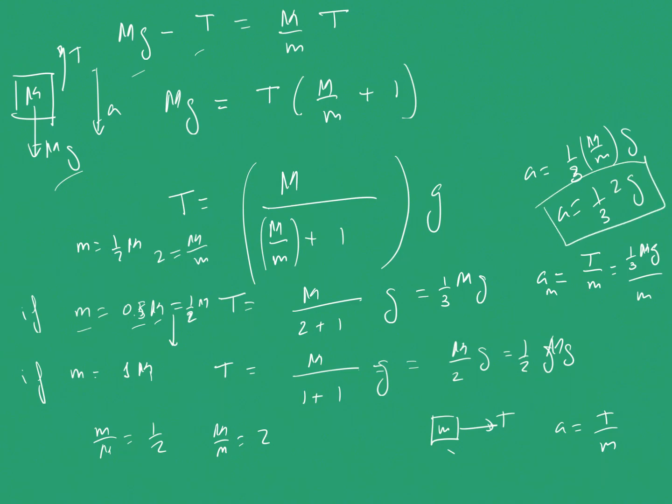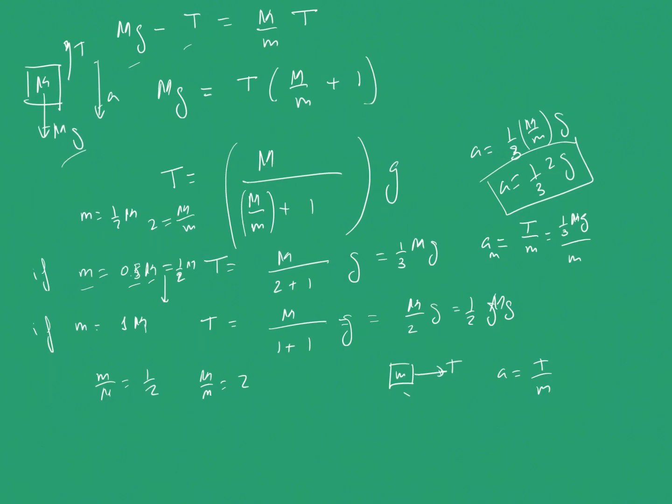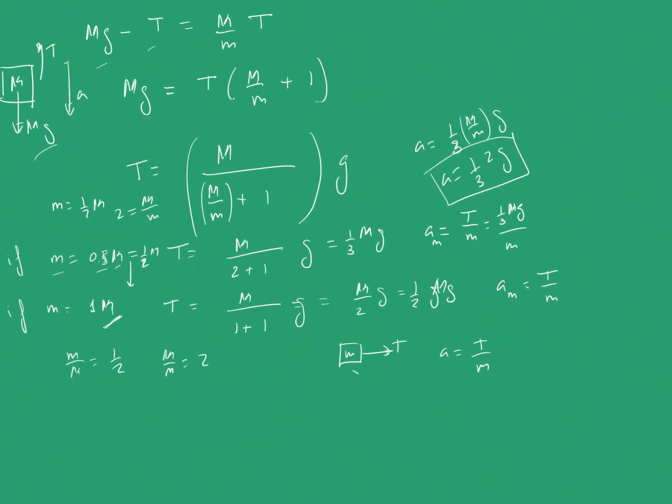What will happen in the second case, in this case m equals 1M? The acceleration of the mass little m will be the tension divided by the mass. The tension for this case is 1/2 Mg divided by m.